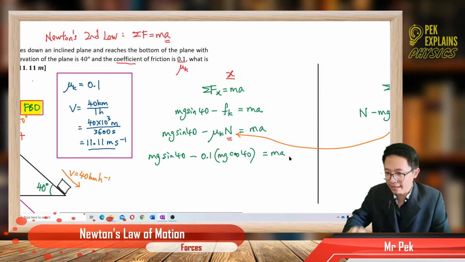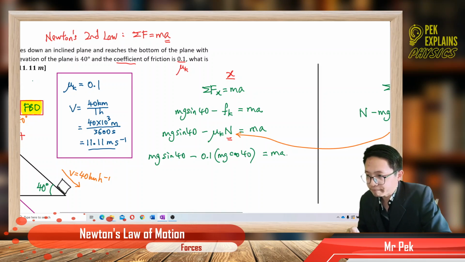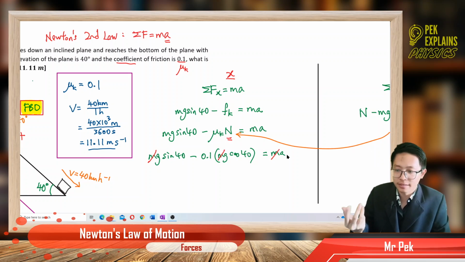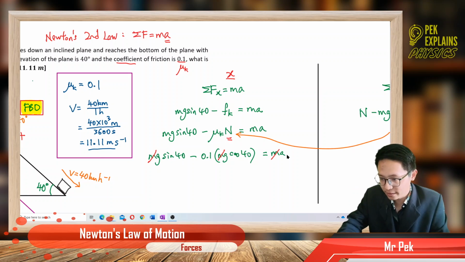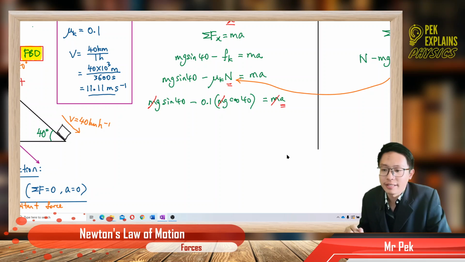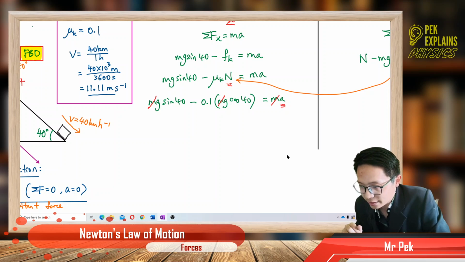Do you see that? We can cancel the mass. Even though the question didn't give the mass, never mind, we no longer need its value. From here, we can calculate the acceleration.